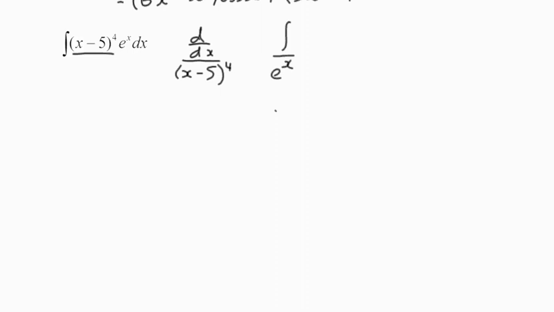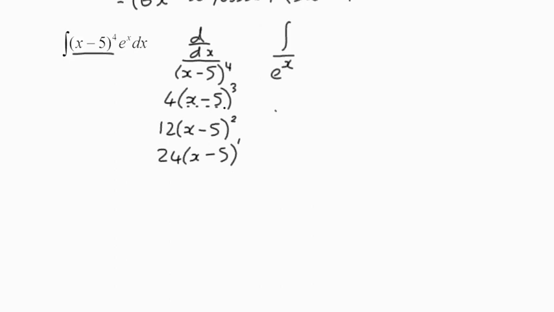Differentiate x minus 5 to the power 4 gives us 4 times x minus 5 to the power 3 multiplied by the derivative inside, which is just 1, so there's no additional multiplier. Then we've got 12 times x minus 5 squared, again times 1, and then 24 times x minus 5 to the power 1.